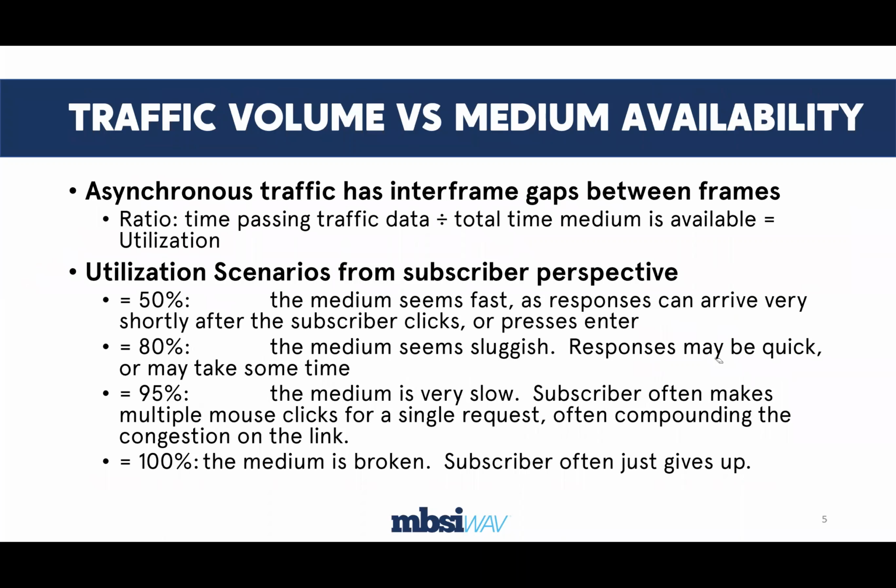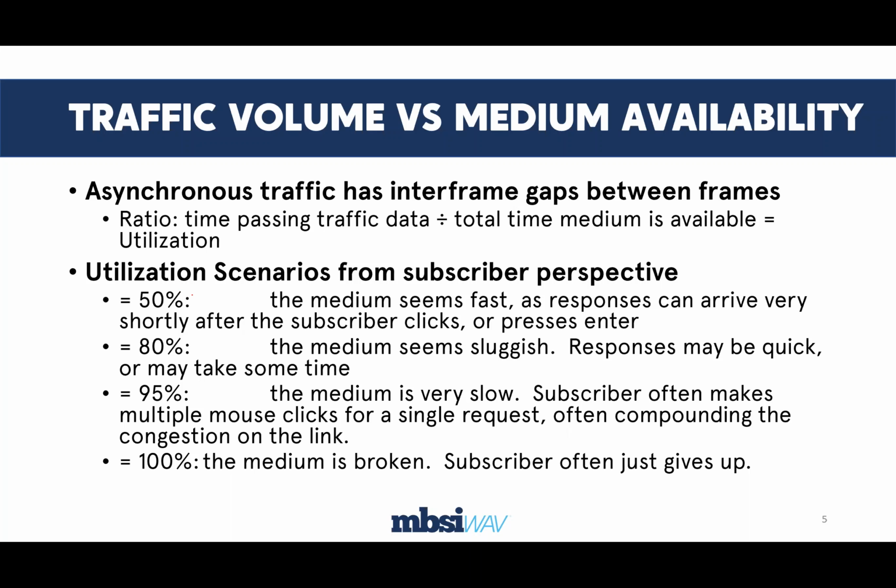All right, so we end up with this metric called utilization. Utilization is the ratio of the time spent passing data traffic divided by the total time the medium's available. So if I'm spending 1 millisecond passing traffic in the downlink and I have 2 milliseconds of time available in the downlink, that is 50%.